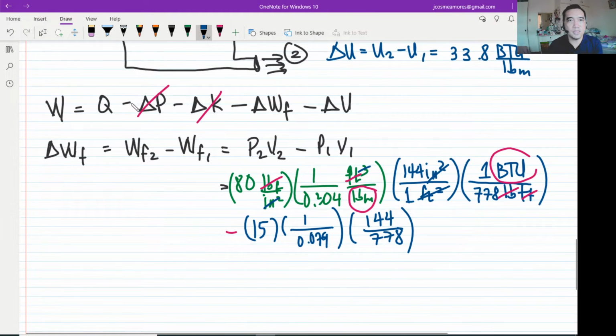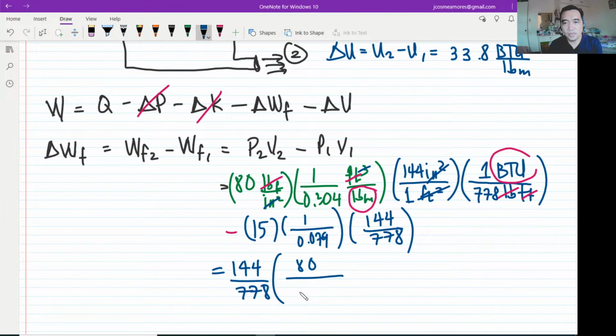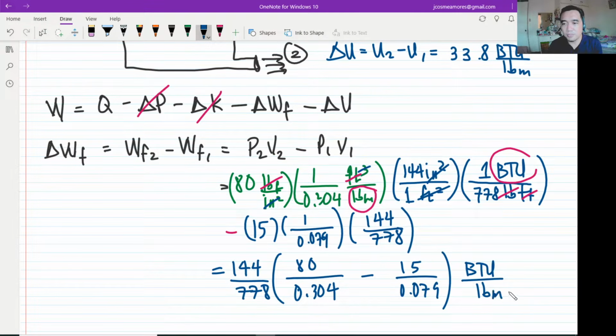So we can simplify this one by factoring out 144 over 778. And then we have times the quantity 80 over 0.304 minus 15 over 0.079. And the unit that would be left here is BTU per pound mass.